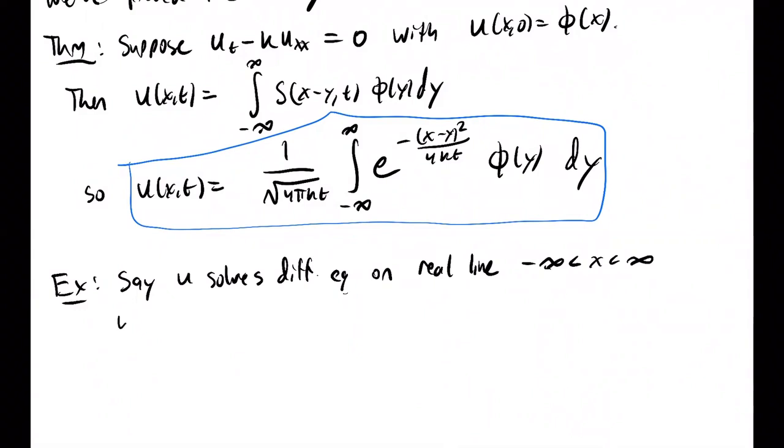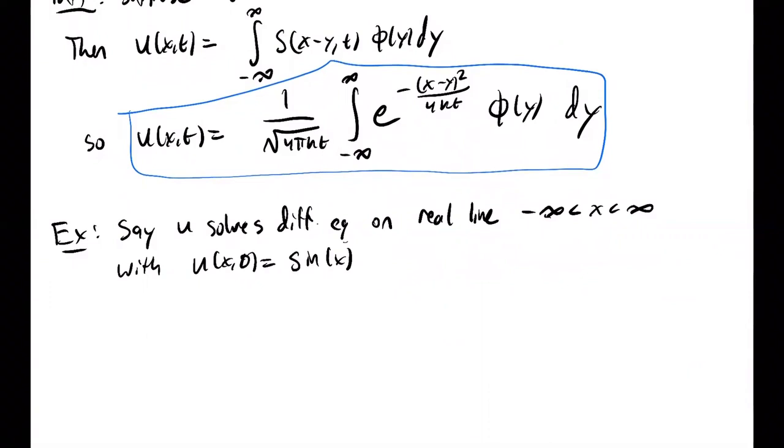And suppose that the initial state of U when t is equal to 0 is given by, I don't know what's a good choice, let's say sine of x, just to be simple.